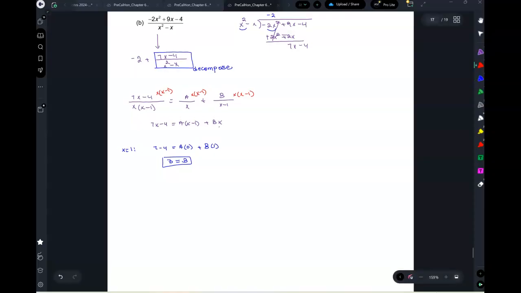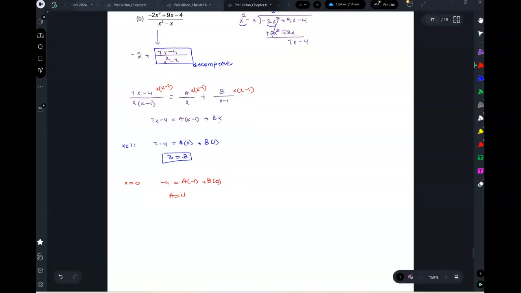What makes this one 0? Oh, 0. Okay, so 7 times 0 minus 4 is equal to A times negative 1 plus B times 0. Negative A equals 4, so A is equal to negative 4.